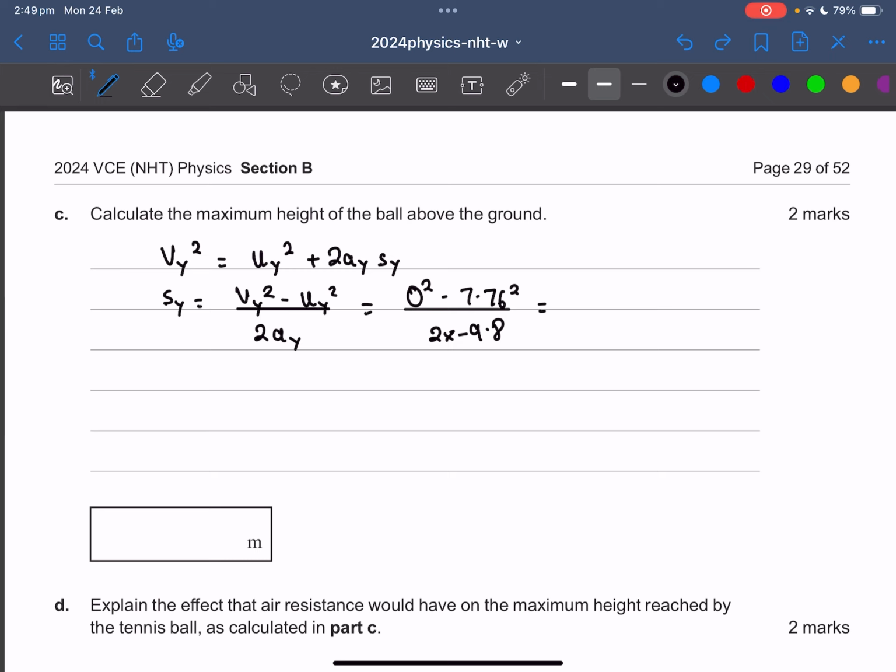Alright, so we have that whole squared. Okay, I've messed up my calculations a little bit. So that whole squared divided by 2 times 9.8. So we get roughly 3.1 meters. And of course, this is not going to be the maximum height.